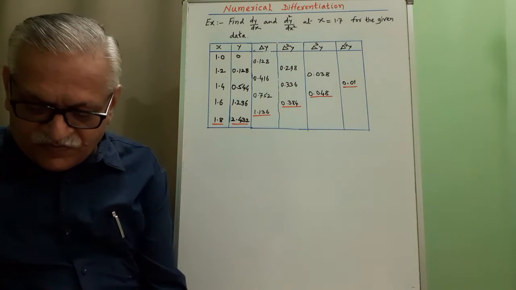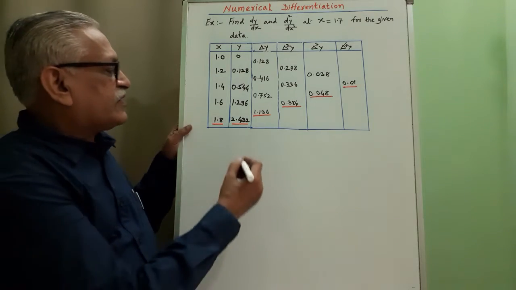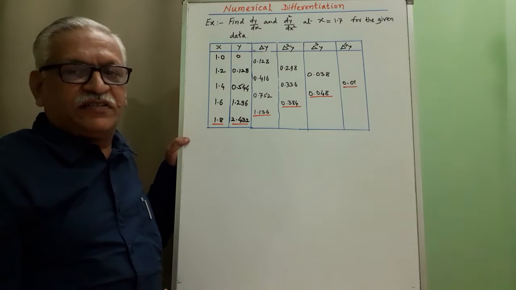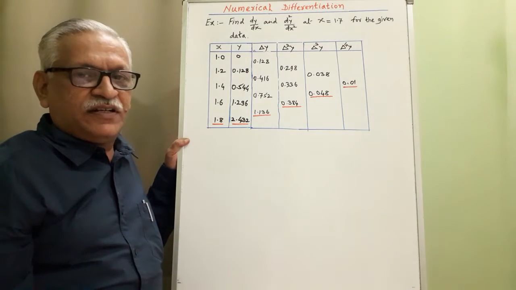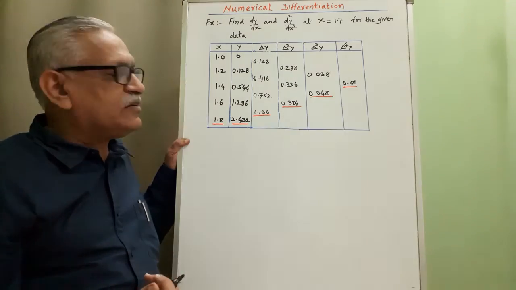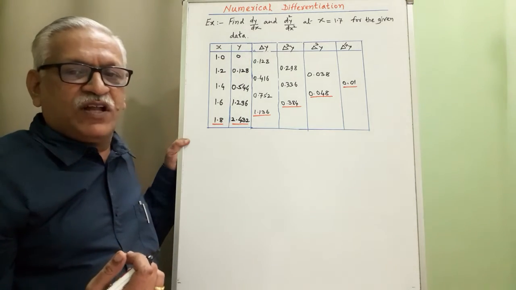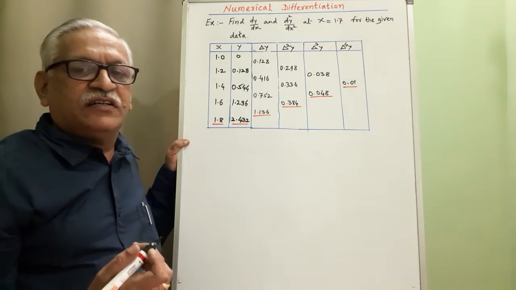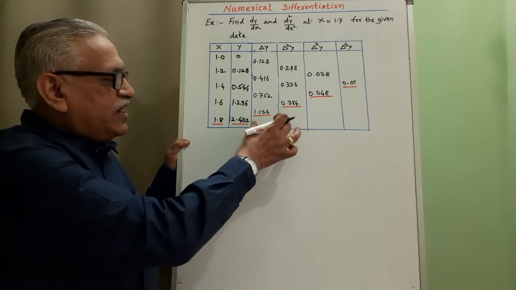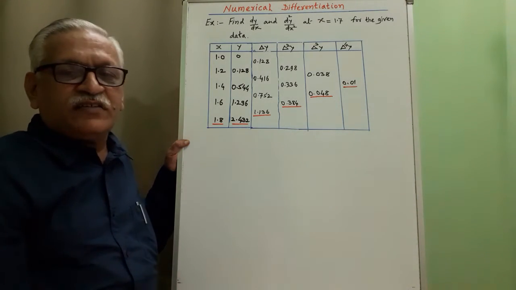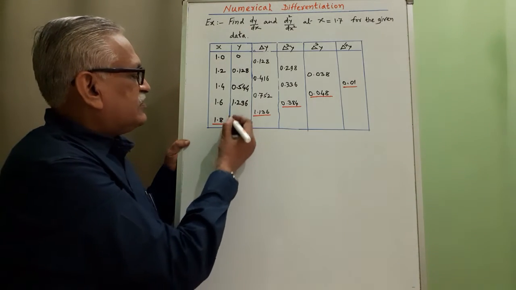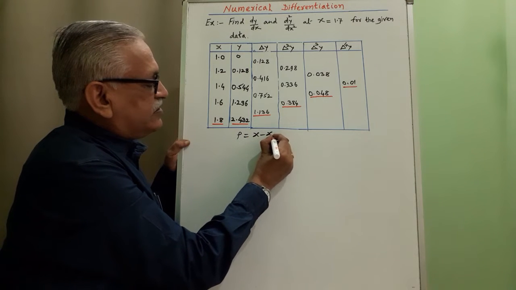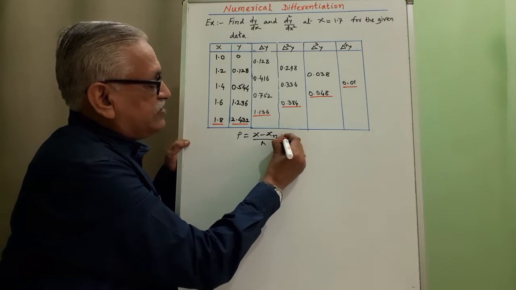Then we try to find the value of p. Here 1.7 is in between 1.6 and 1.8, which is at the bottom of the table, and therefore the formula for dy by dx and d2y by dx square is obtained using Newton's backward interpolation formula, so the same table we can use as a backward difference table. Therefore p is equal to x minus xn divided by h.